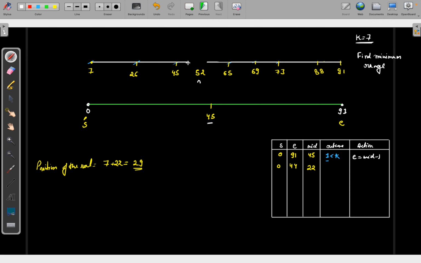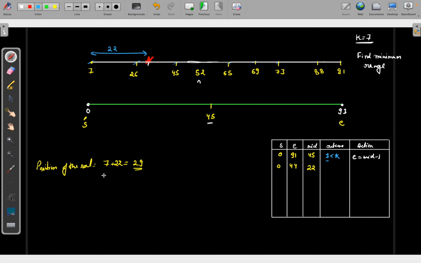It will be 29, so 26, 27, 28, 29 will be here, and my Wi-Fi router will be here. So basically 22 will be this range. And what will be the last range of it?